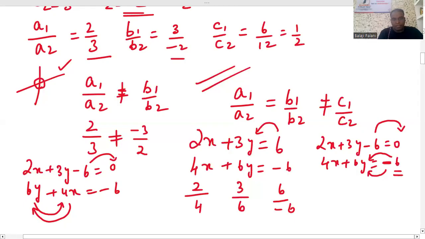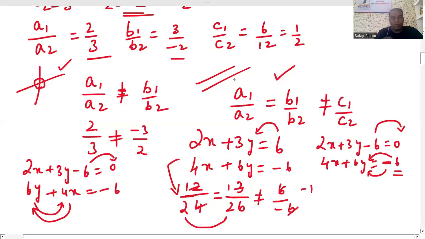So in the clear. Now coming back to this, in the equations, in the ratios, 2 by 4, 3 by 6, 6 by minus 6. If we simplify the ratios, we will identify they are in the ratio 1:2 and they are equal, whereas the last one is in the ratio 1:-1. So they are not equal. Okay, so a1 by a2 is equal to b1 by b2 and not equal to c1 by c2.